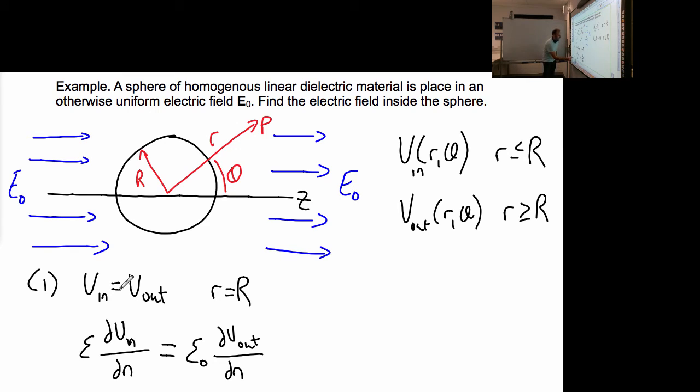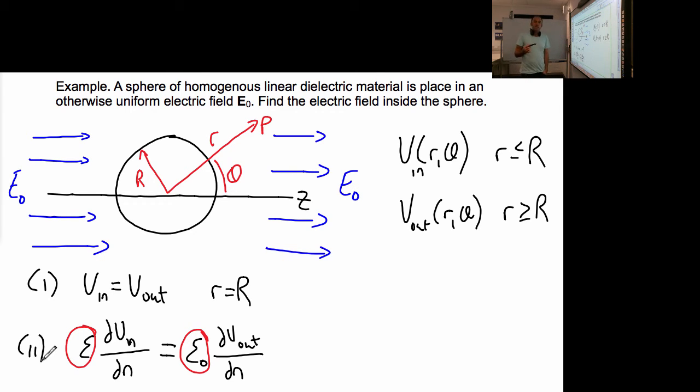Importantly, on the left hand side we have the permittivity, and on the outside we have the permittivity of free space. Also, this results because there are no free charges at the surface. So this is boundary condition number 2.